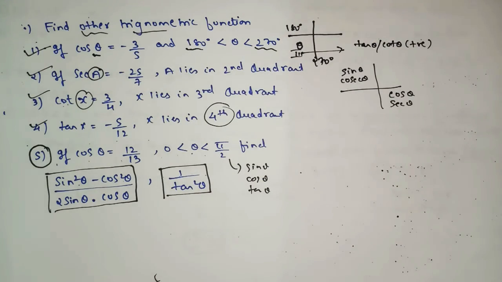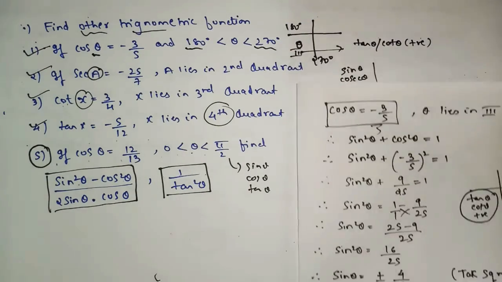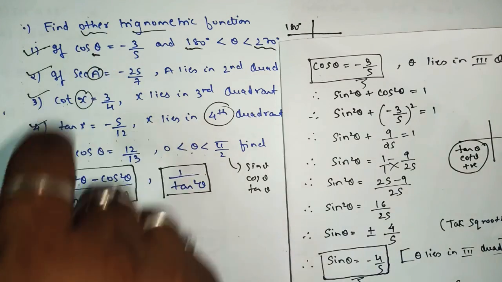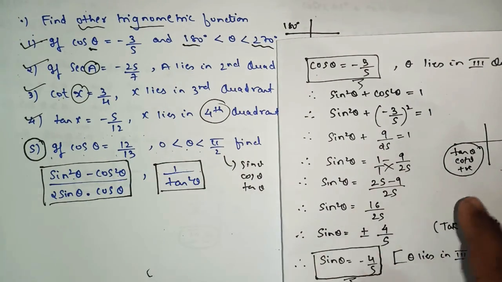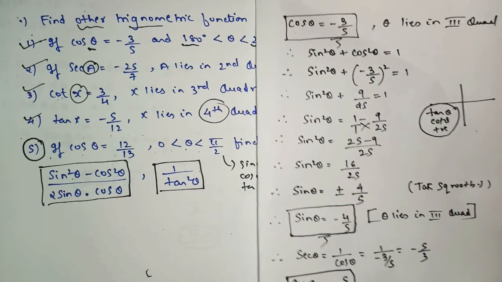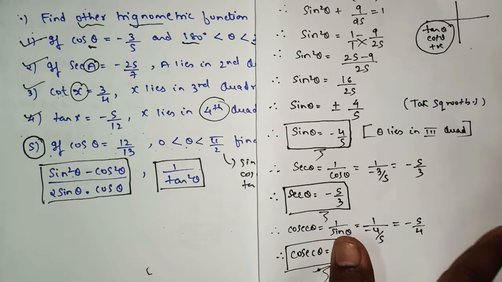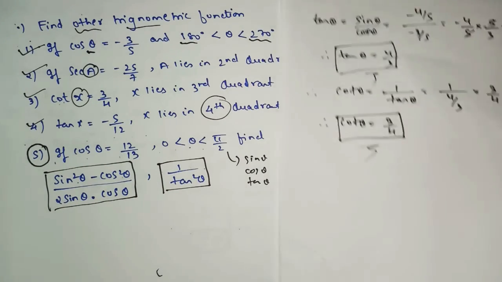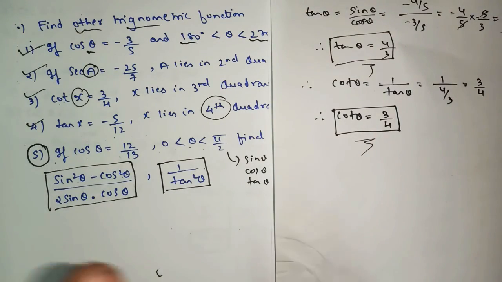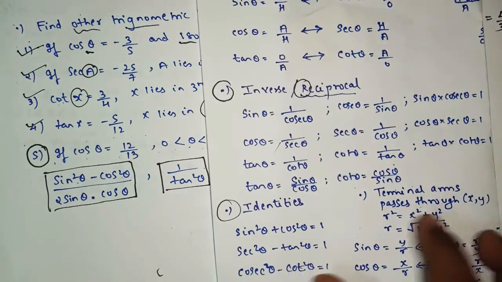After this we saw the question on how to find the other remaining trigonometric functions with the help of one value. With the help of cos, we got all the remaining trigonometric functions. We got sine, cosec, sec, then we got tan and cot. For these five sums, you have to use the concept of reciprocal formulas and identity formulas.